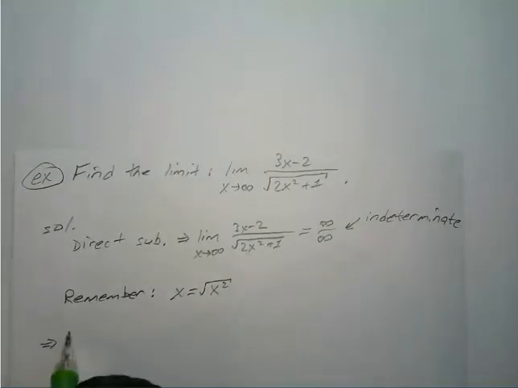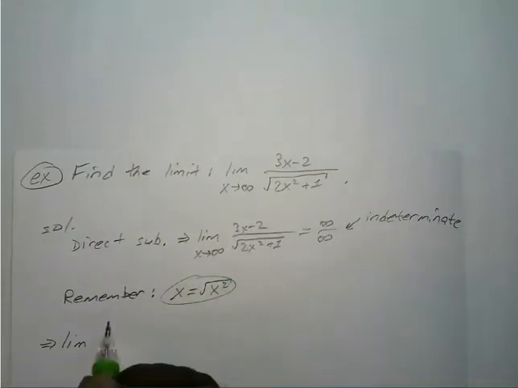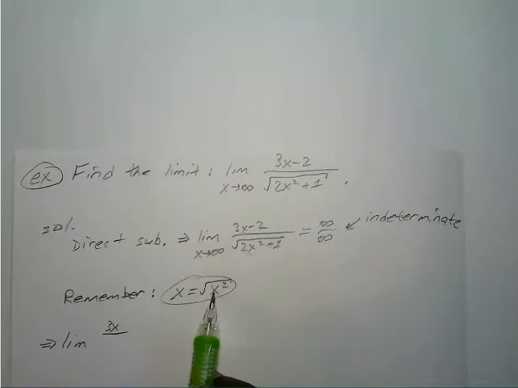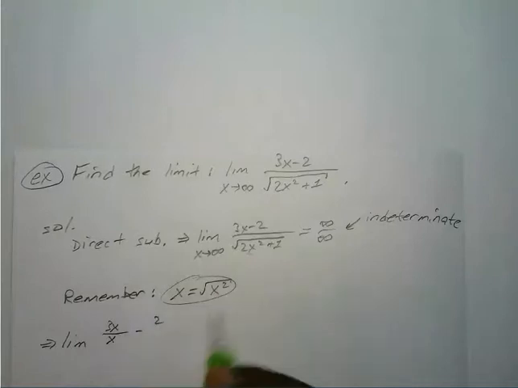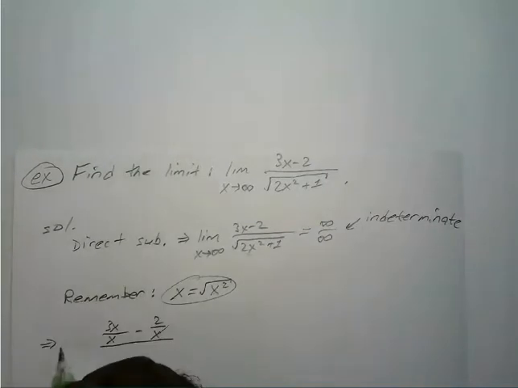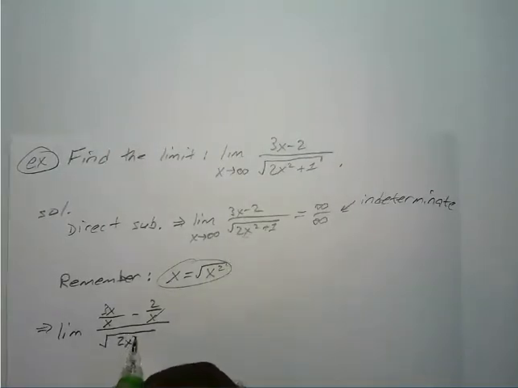Okay, so that gives us the limit of 3x over the square root of x squared. Remember, the square root of x squared is just x, so I'm just going to write that as x. Minus 2 over the square root of x squared, which again is just equal to x, over the square root of 2x squared plus 1 over the square root of x squared.